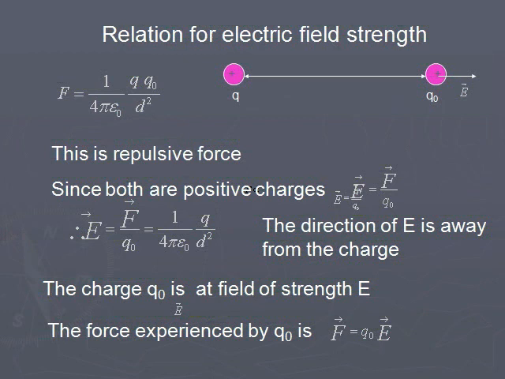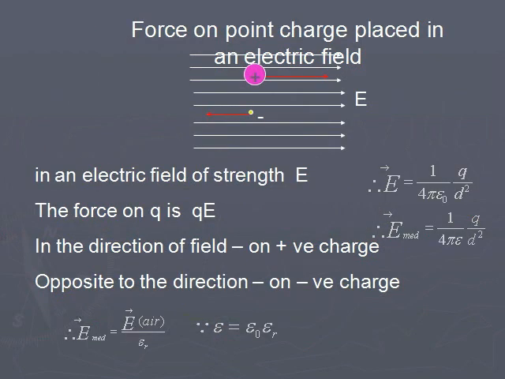This is the relation between charge, field strength and force. If there is a charge Q0 in an electric field of strength E bar, then the force experienced by it is F bar equals Q0 E bar. This is the force on a point charge placed in an electric field.